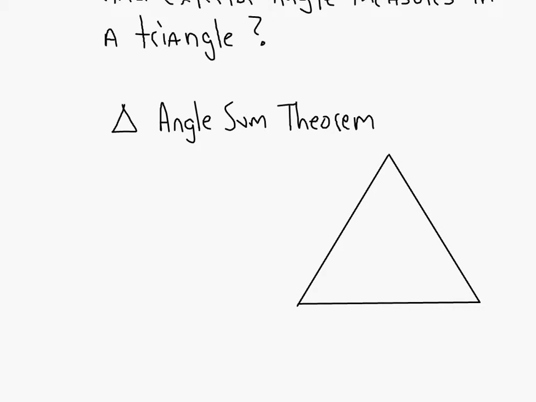Draw yourself a triangle and label it ABC. The angle sum theorem for a triangle says that angle A plus angle B plus angle C has to equal 180 degrees.